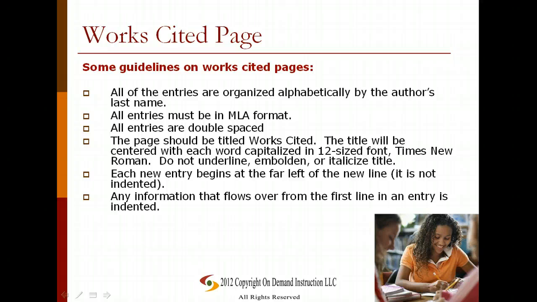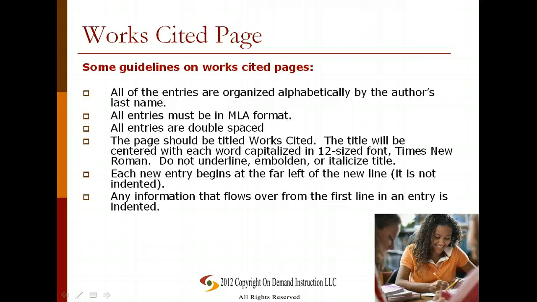Here are some guidelines when you're working through your works cited page. All of your entries need to be organized alphabetically by the author's last name. All of the entries have to be in MLA format, very important. All of the entries are double spaced. Make sure that you're only using double spacing. Sometimes I find students will use double spacing in some places, single spacing in other places, and quadruple spacing in other places.